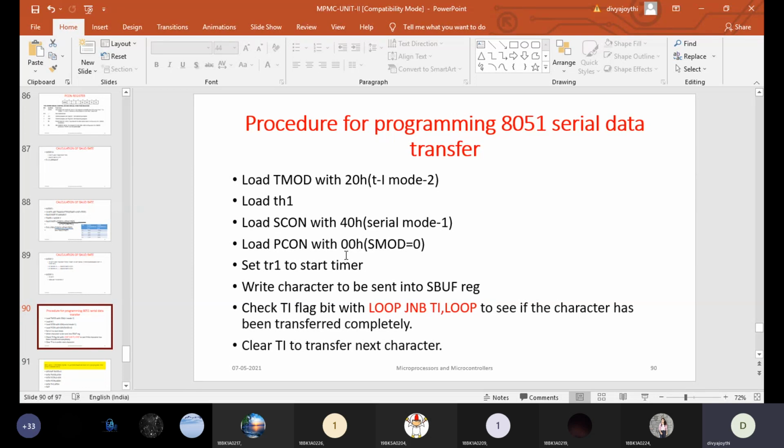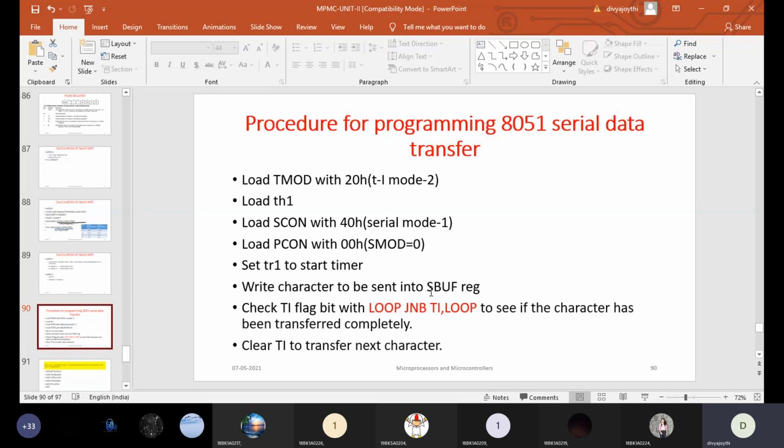Then once the data is present in SBUF, the controller needs to wait until the data present in SBUF is transferred. Until then the controller has to wait. This information can be given by the statement JNB TI, loop. That means the transmit interrupt flag is going to be verified.